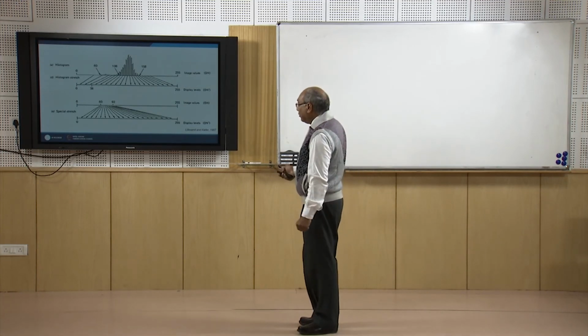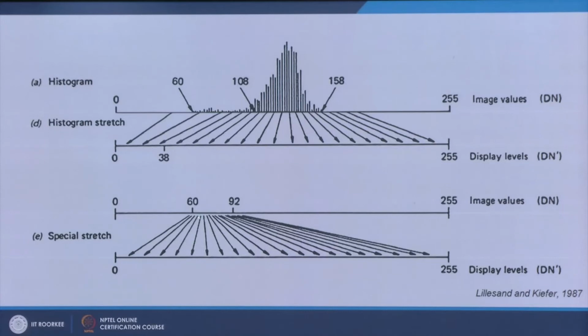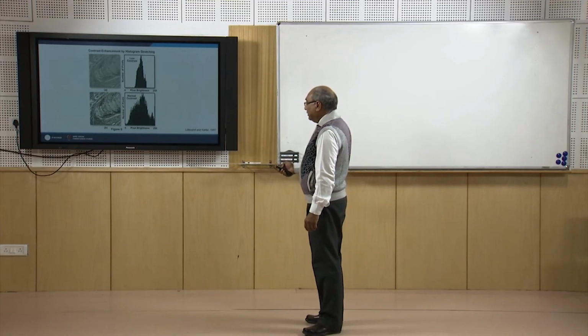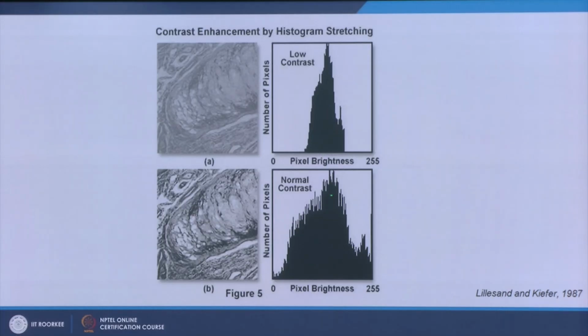This we call histogram equalization, and the values which were between 60 and 92 have been stretched between 0 and 255. Wherever I had more density of values, they are stretched more. You can see very easily how, when this histogram was stretched, the frequency changes and my image may look altogether different.